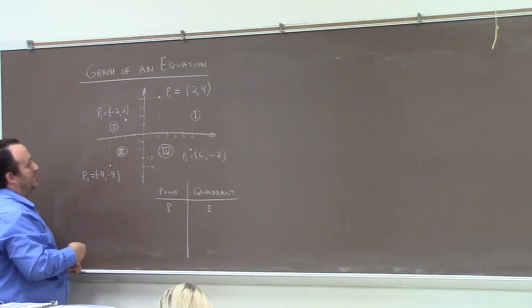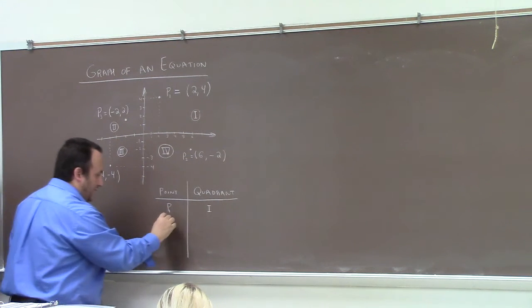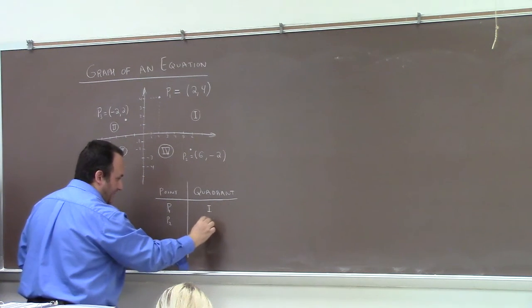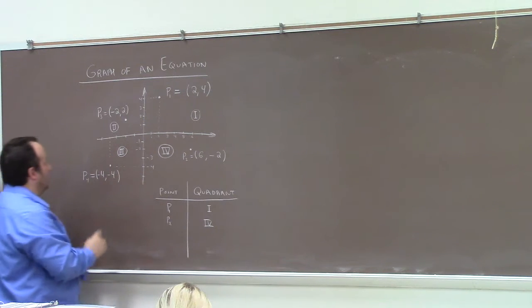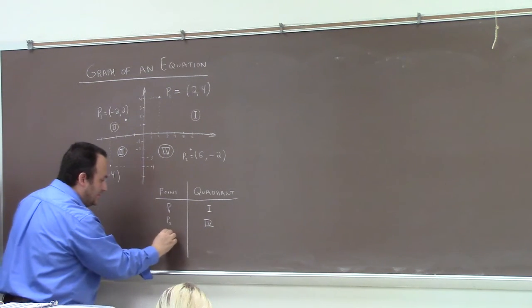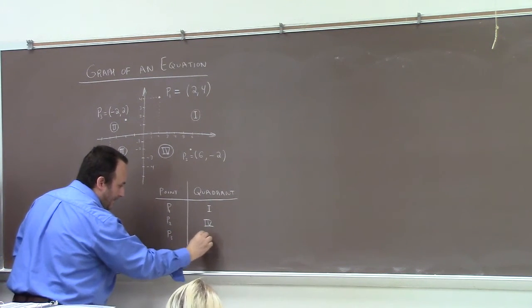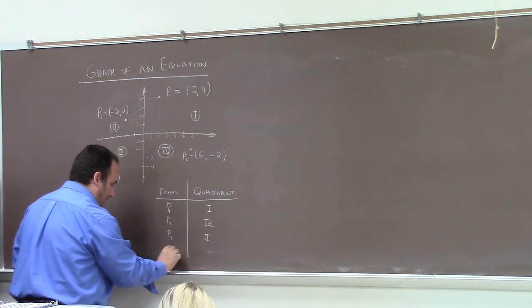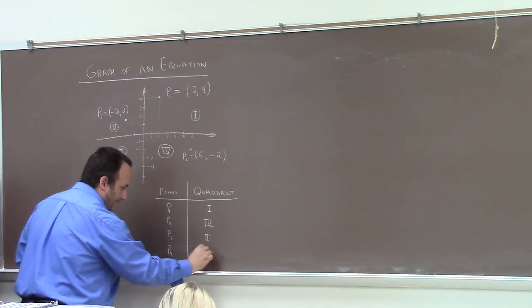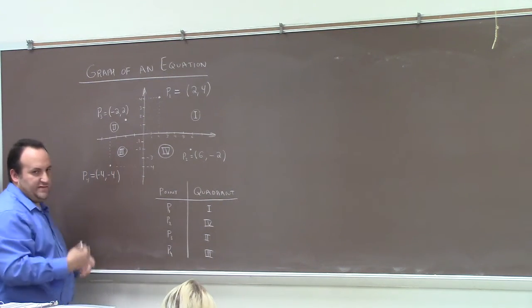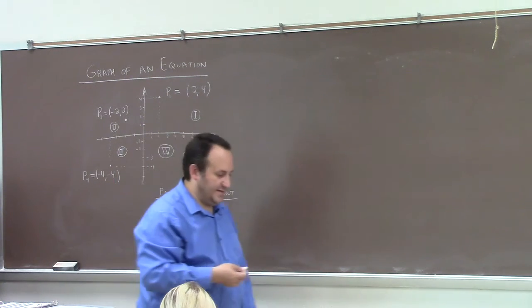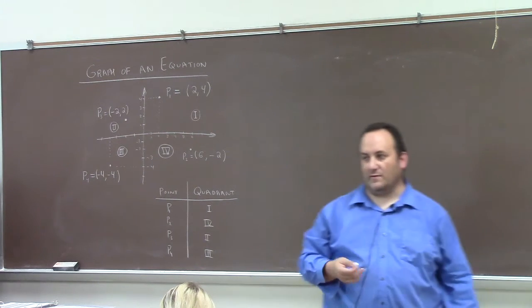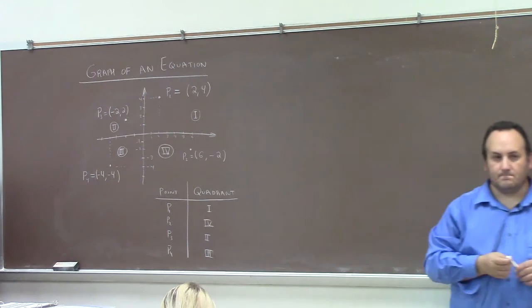So point 2 is in quadrant IV in my picture. Point 3 is in quadrant II. And point 4 is in quadrant III, as I've labeled them. That's just language we need to be familiar with because on occasion somebody references quadrants and it's good to know what they're talking about, right?